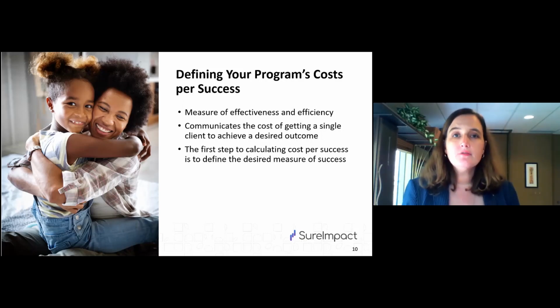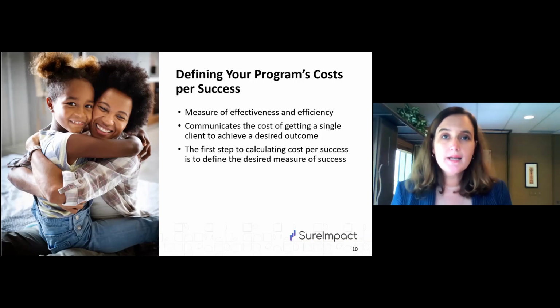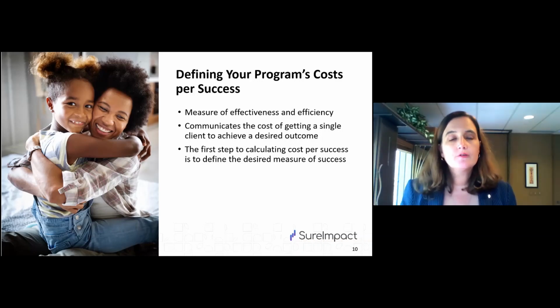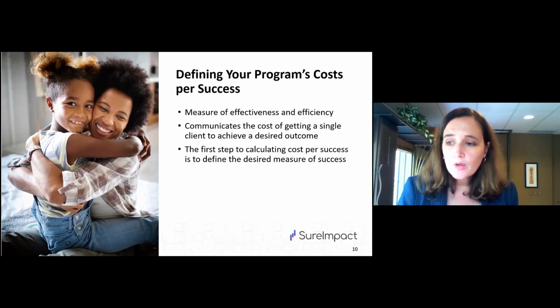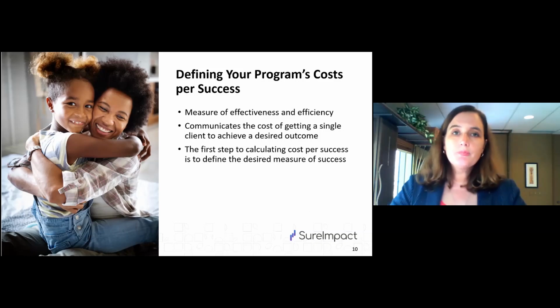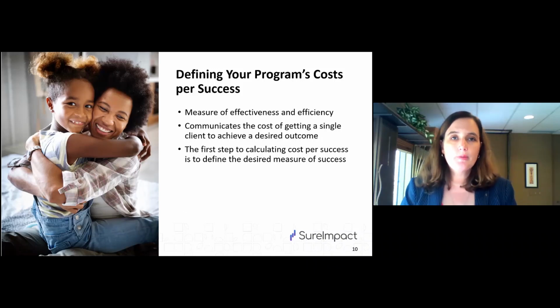If your executive director went away, your program might not be as successful, right? If some of your fundraising efforts went away, your program might not be as successful. If the technology and the software you use to manage your data went away, your program would not be as successful. So make sure you build in all of the costs it takes for you to run your program, and then divide it by the number of successful people. Now you have a cost per success.